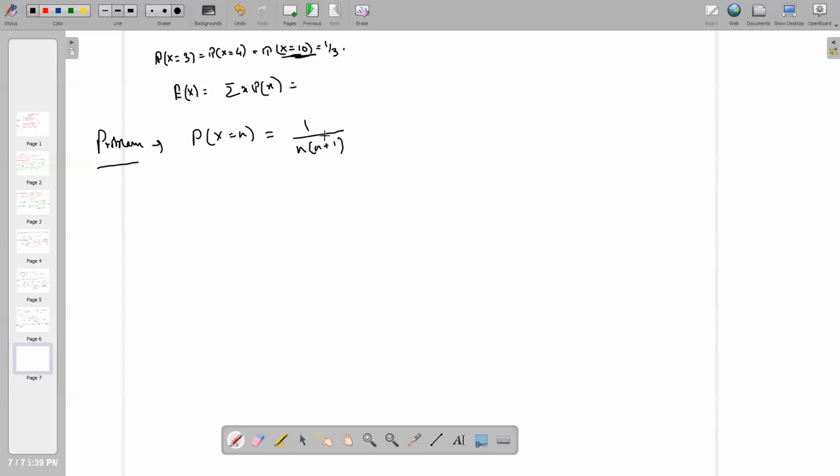What is expectation of x? And firstly, say why is this a probability distribution? Summation will be 1. Why is that? If we break it into n plus 1 minus n in the numerator, it's telescoping, right?